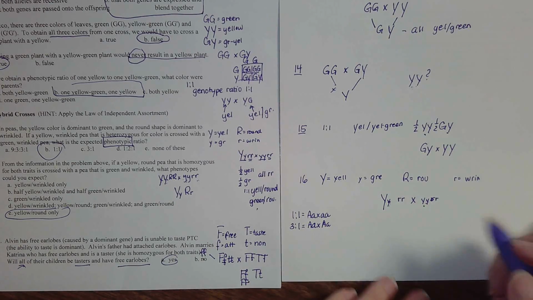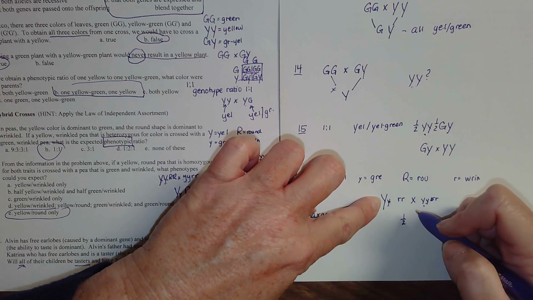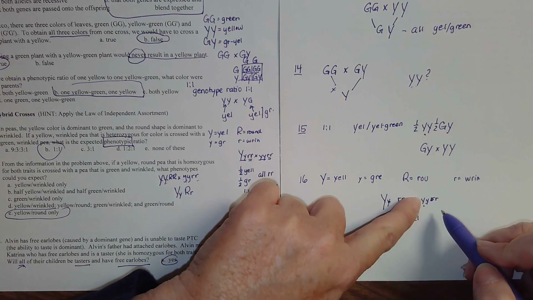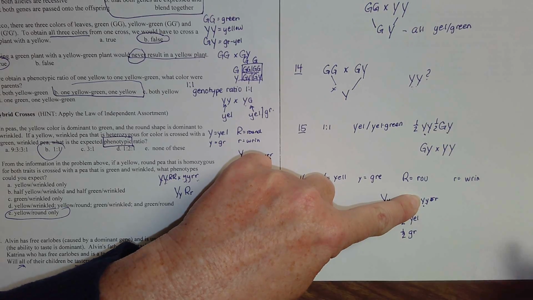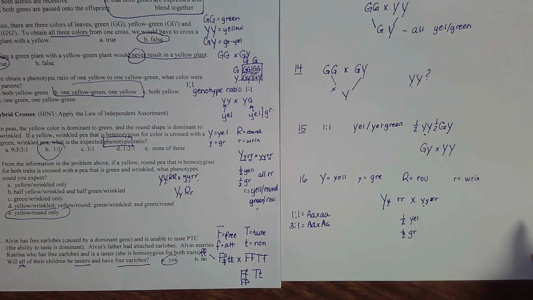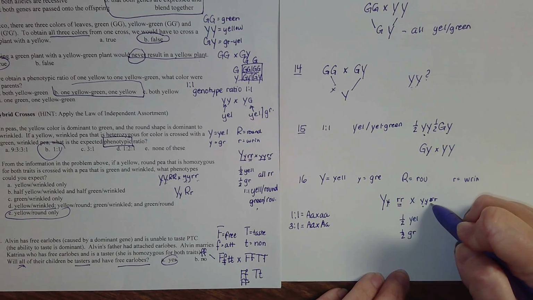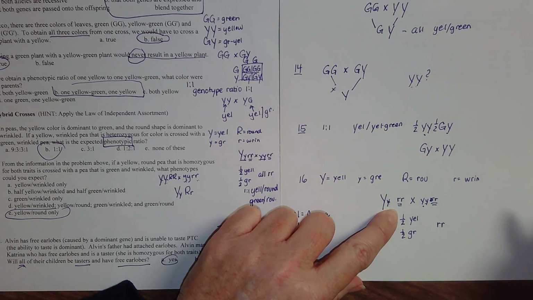So that means that half of my offspring are going to have this genotype, which is yellow. The other half are going to have this genotype, which is green. Then, if I look at the shape trait, all of the offspring are going to be little r, little r.